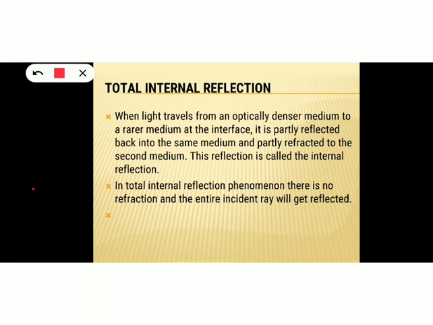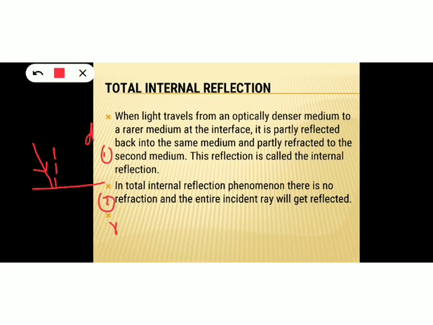If we consider this as a boundary between two media, let this be our first medium and this be our second medium. Suppose the first medium is a denser medium and the second medium is a rarer medium. A light ray is incident in the denser medium, passing from denser to rarer medium.